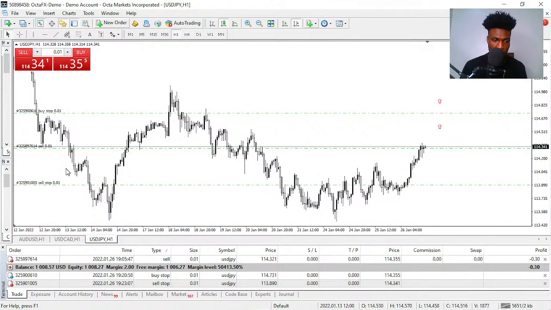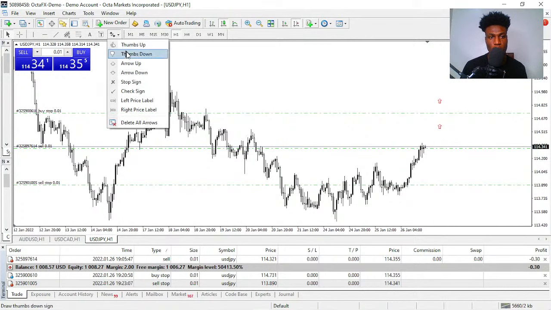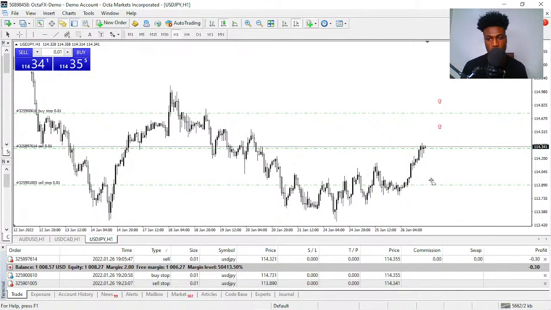So the pending order has been initiated, and before the trade starts reading, before I start moving in profit or loss, the market has to come down to my entry point.